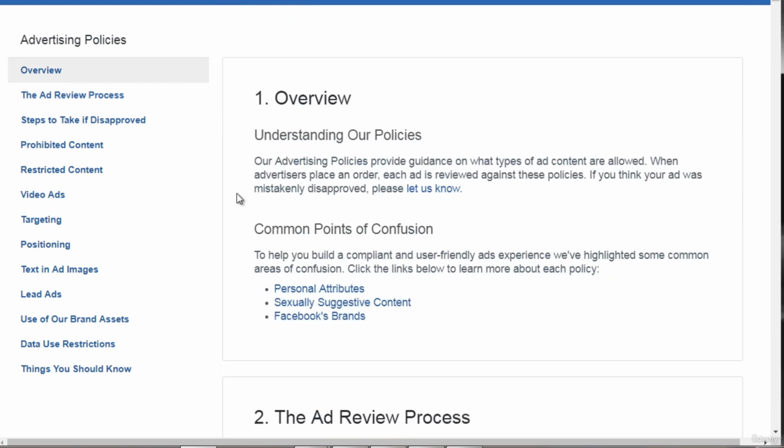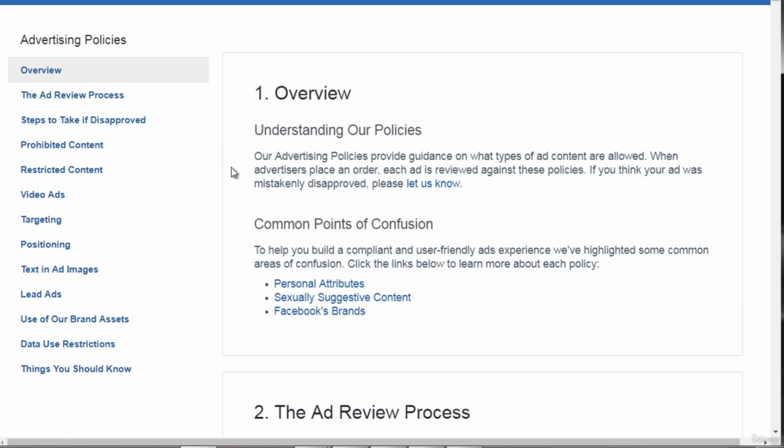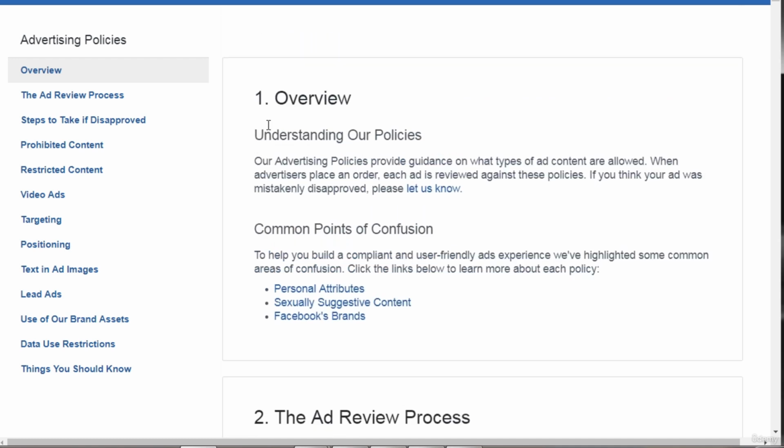I know this is boring, but this is very important because if you don't follow Facebook rules, they will simply ban you, and that will be tough. And what we've seen in the past is even if you do the right thing sometimes, even if you make a little mistake, you can get banned or your ad account deleted. So Facebook is a big stickler to rules.